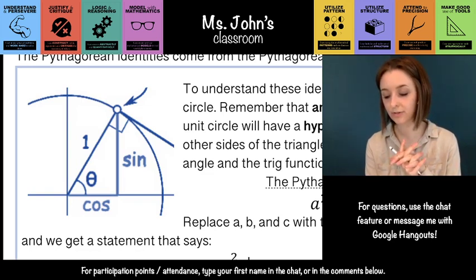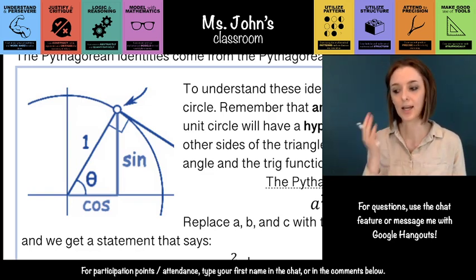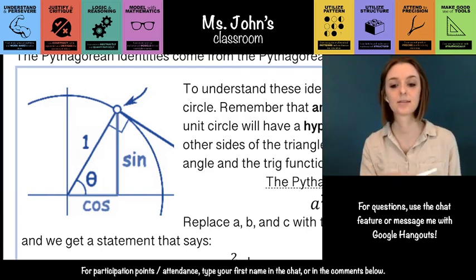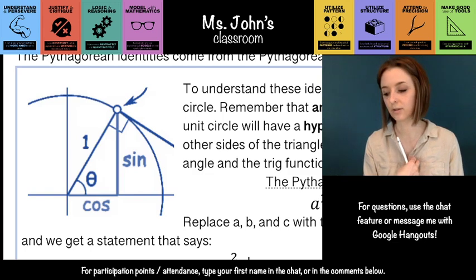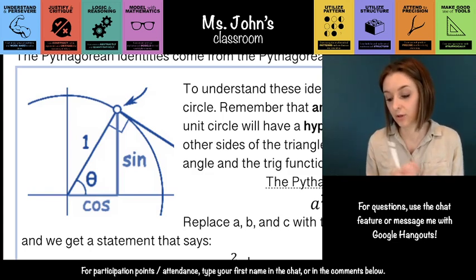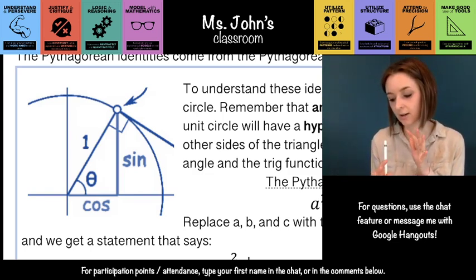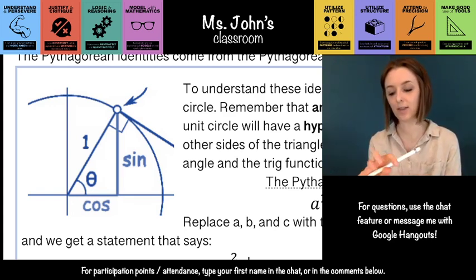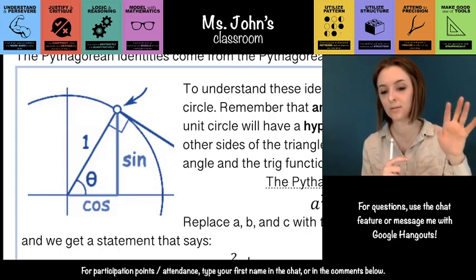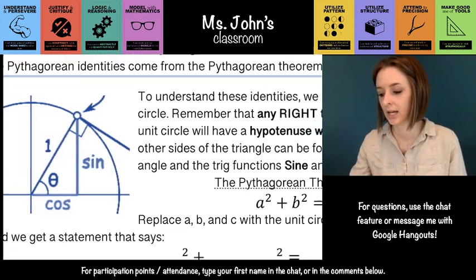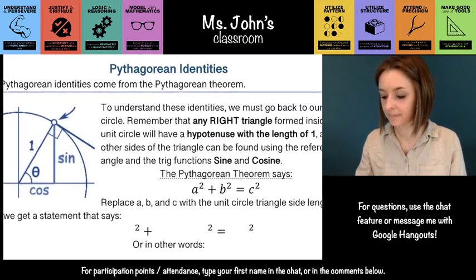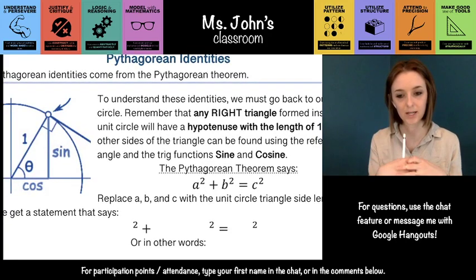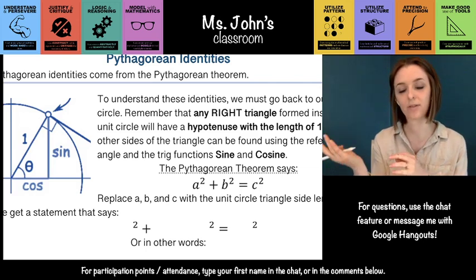And that was to figure out what sine and cosine and tangent were actually doing, which was finding side lengths of triangles inside of the unit circle. So if we look at that triangle, which has one side length of cosine of theta, one side length of sine of theta, and the hypotenuse is 1 because it's inside the unit circle, the Pythagorean theorem tells us that if we square both of the legs and add them together, it equals the square of the hypotenuse.